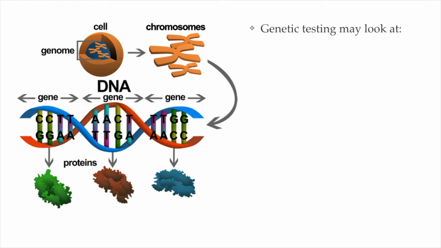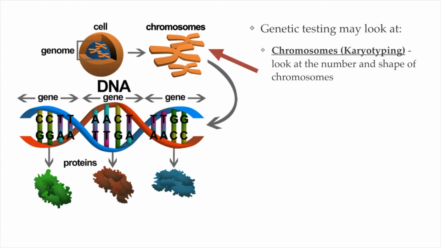So to start, let's take a look at what we may be looking for when we're looking at genetic testing, because there's three approaches to genetic testing, three different places where we can look for genetic abnormalities. So genetic testing may actually look at the chromosomes through a process called karyotyping that you may have learned about in grade 11 biology. And karyotyping looks at the number and the shapes of the chromosomes, and the chromosomes contain the DNA.